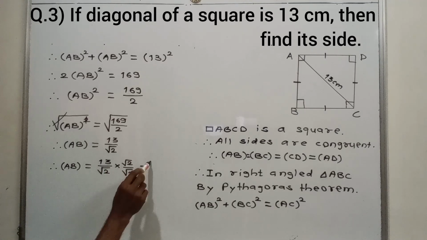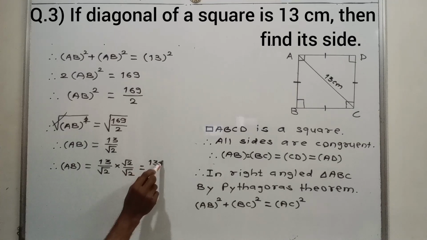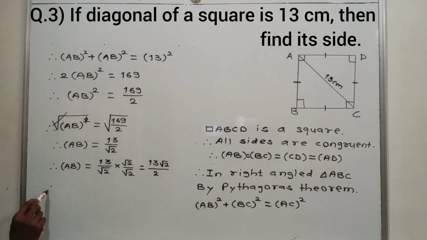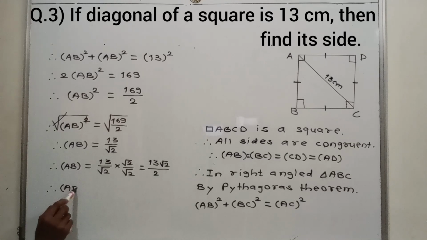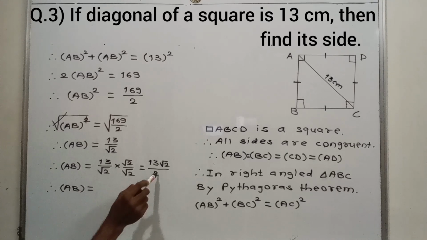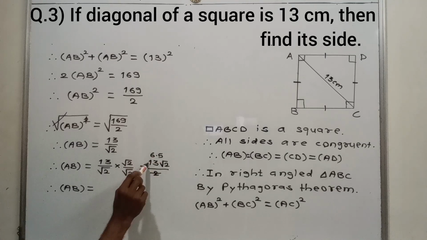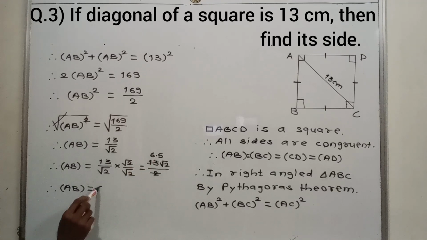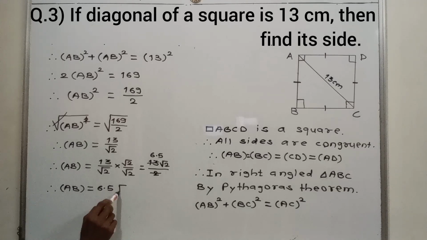See this, 13 square root of 2 upon square root of 2 into square root of 2 means 2. Therefore AB is equal to 2 6 are 12 and 2 5 are 10. Decimal point here. Therefore AB is equal to 6.5 square root of 2 centimeter.